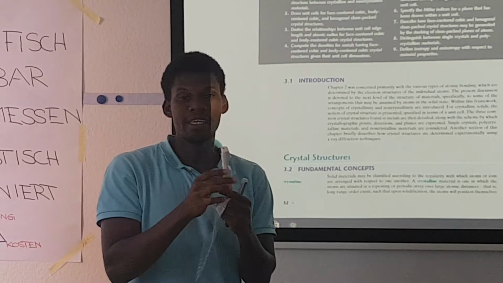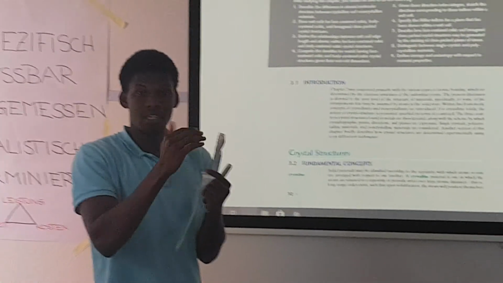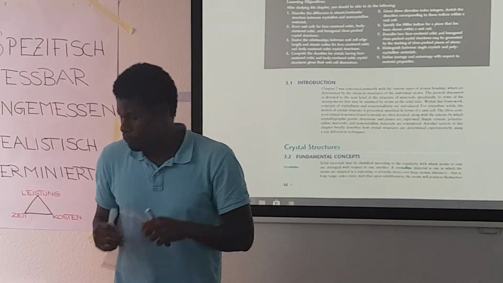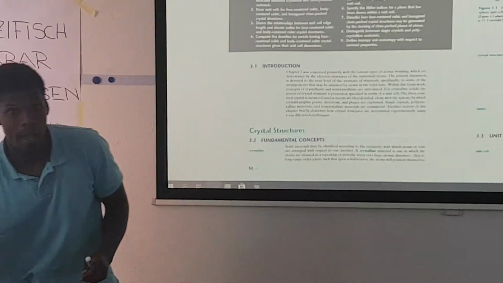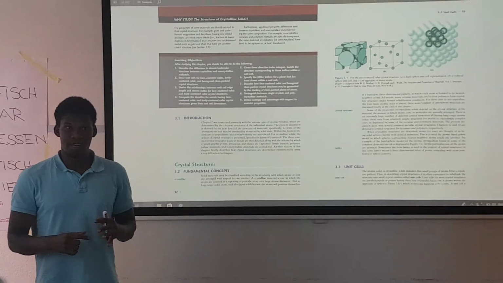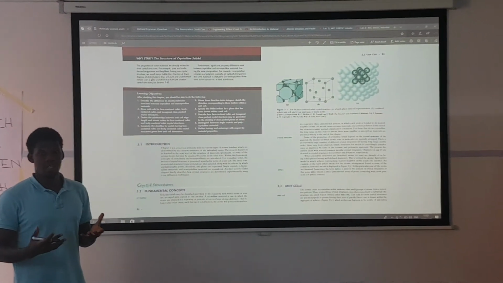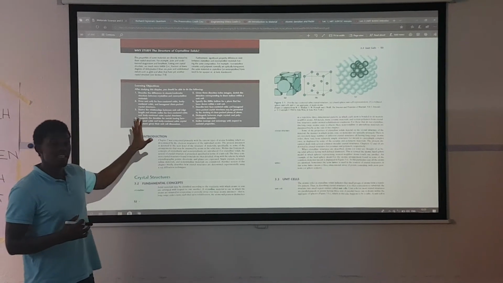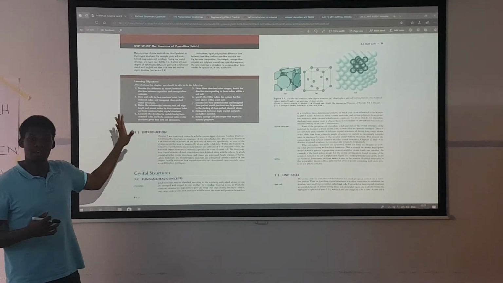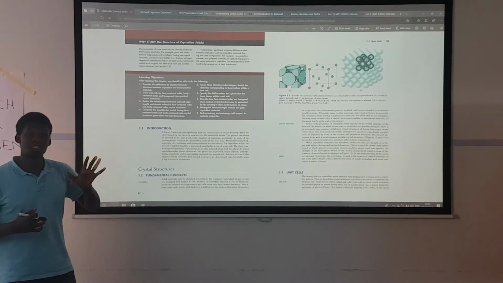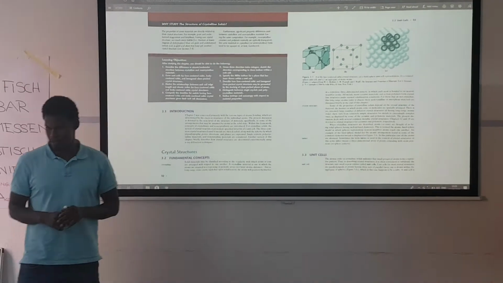That means the atoms within this material are arranged in an orderly manner. That's one reason why we have to understand the structures of materials, because if we understand the structures of materials, we are able to arrange these atoms. So you can see that we have many reasons why we should study material structures, because these material structures influence the properties.